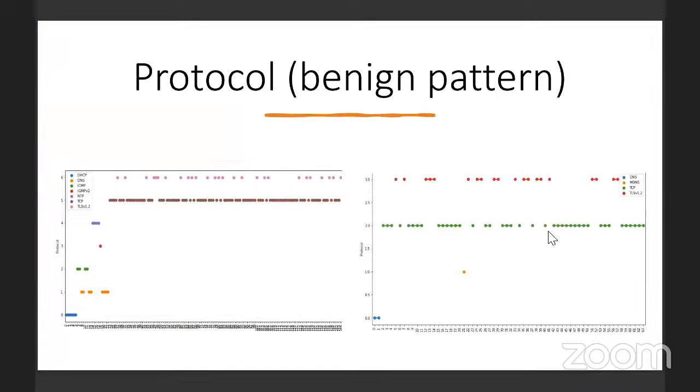To start off with the protocol, this is a normal pattern of the IoT device. We can see different colors. Each color denotes a different protocol. This is 1-minute traffic. In the space of 1 minute, we have different kinds of protocol. We can see DHCP, DNS, ICMP, and the like. So this is the normal pattern. We have a combination of different protocols.